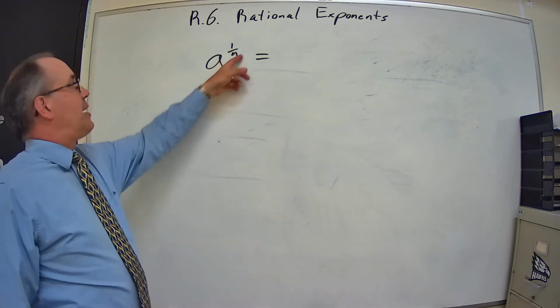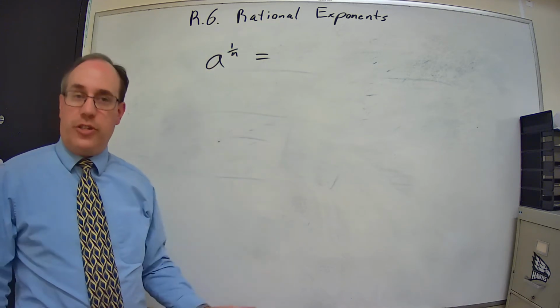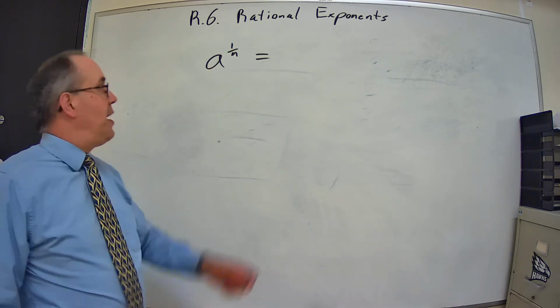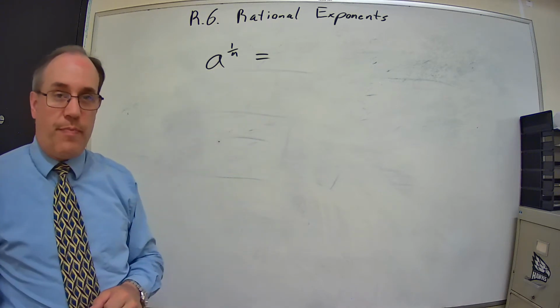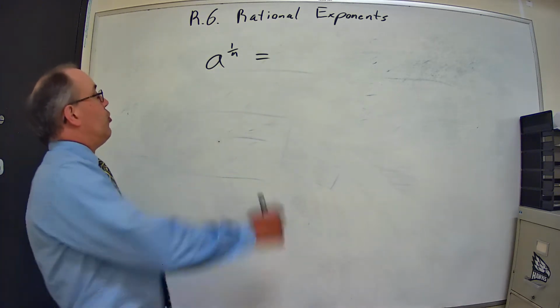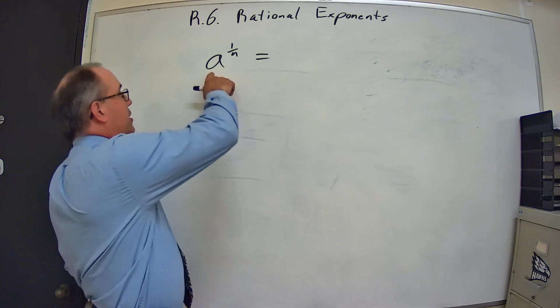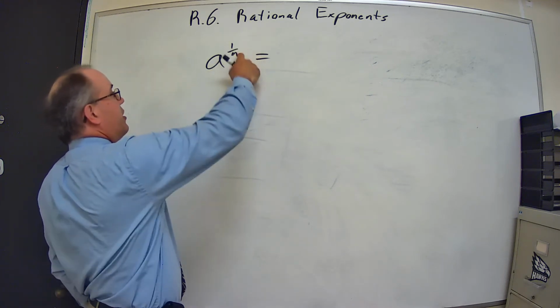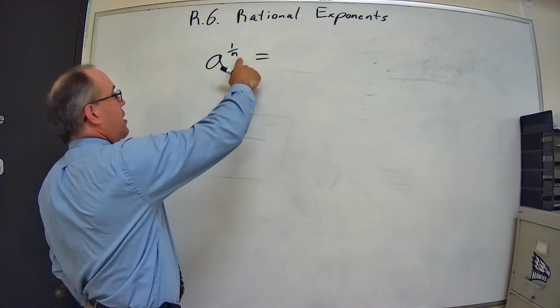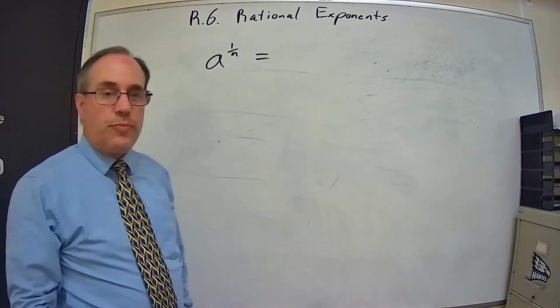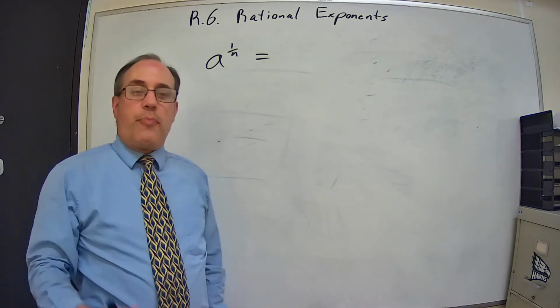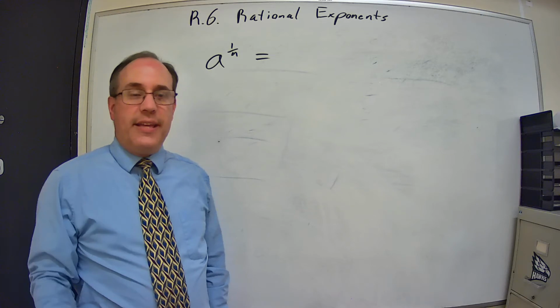So we have a to the 1 over n. Now we have an exponent that is a fraction. N is in the denominator of this. When you have a base raised to a rational exponent, the denominator of that exponent represents a radical of that index.